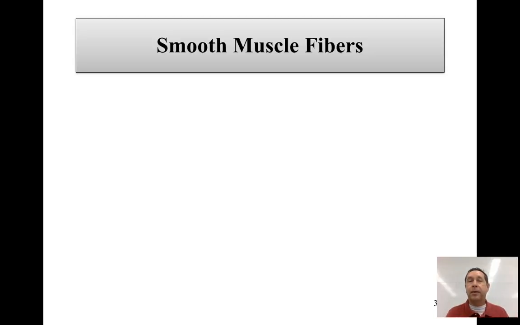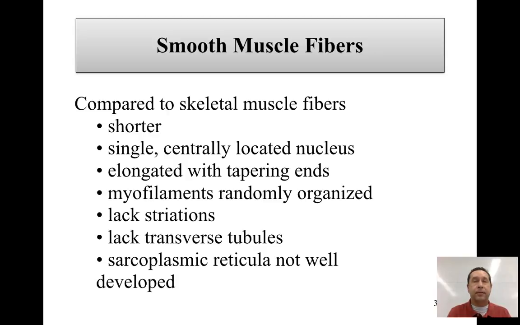And then there are smooth muscle tissues or smooth muscle fibers. So the cells in smooth muscle, compared to skeletal muscle fibers, are shorter. They have one centrally located nucleus as opposed to the multiple nuclei in skeletal muscle. They're elongated with tapered ends, whereas the skeletal and cardiac are more cylindrical shaped, so they're more spindle shaped.